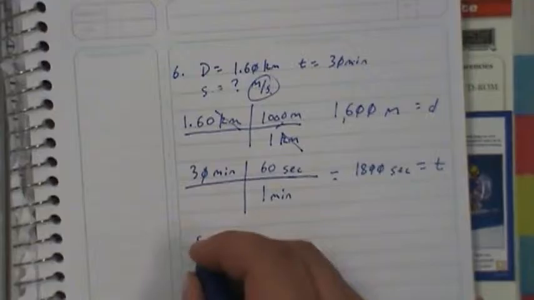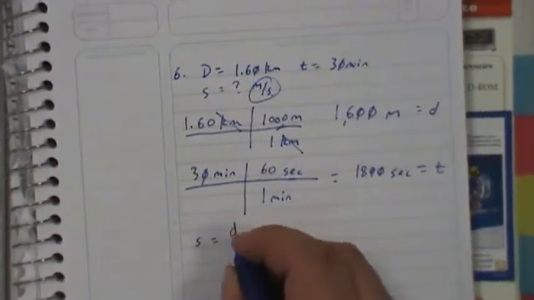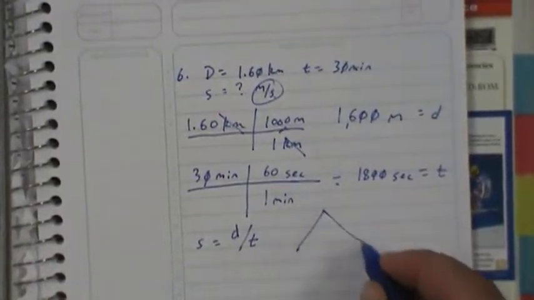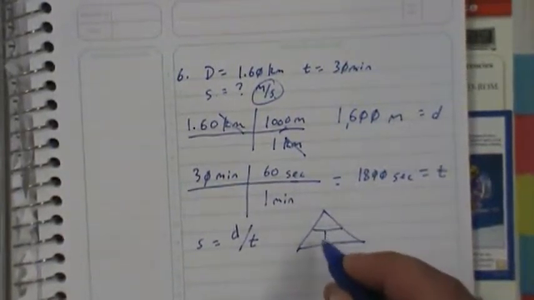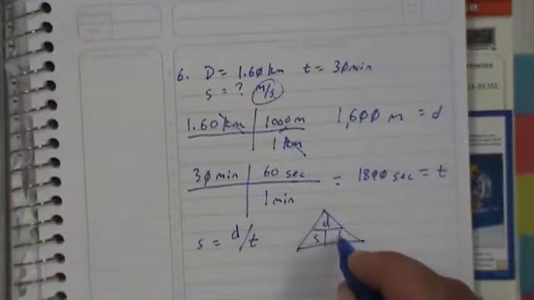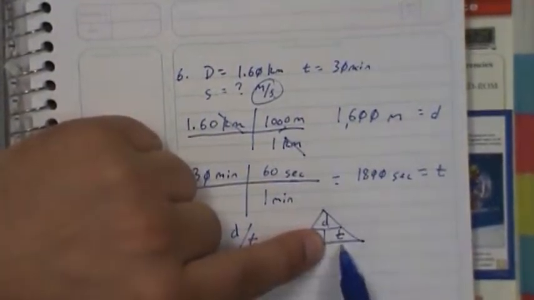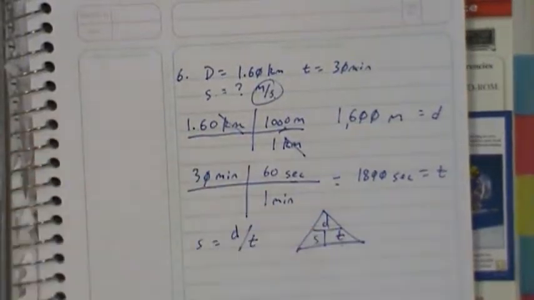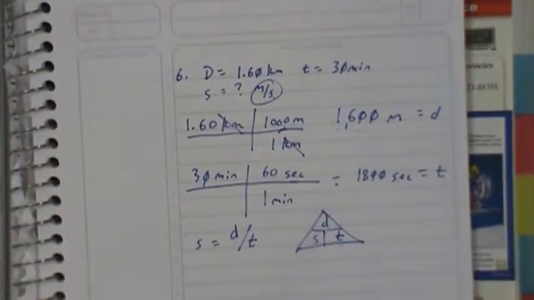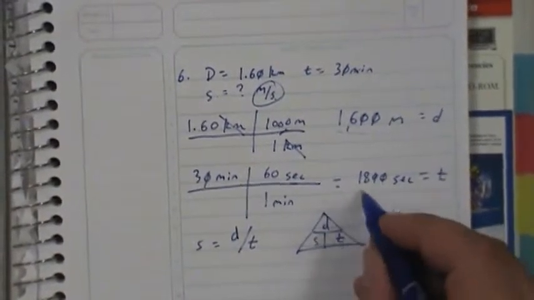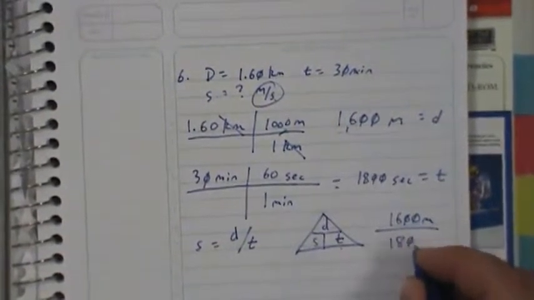Now we can go and actually calculate speed, which is distance divided by time. If you prefer the triangle, remember our triangle looks like this, and we would be covering up speed: distance over time, d divided by t. So my d is 1600 meters. My t is 1800 seconds.